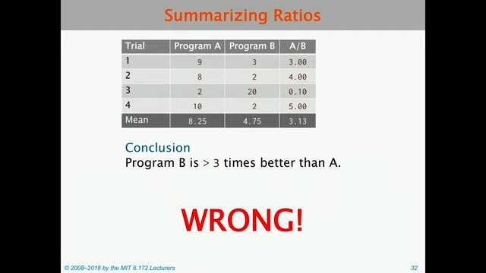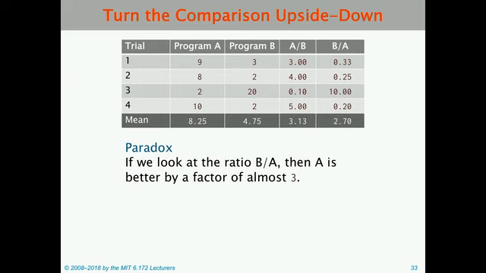Why is that? One thing you can see is that the mean of the ratio is not the same as the ratio of the mean. That should be suspicious. Should I be comparing the ratio of the means, or should I be comparing the mean of the ratios? That's not particularly good.